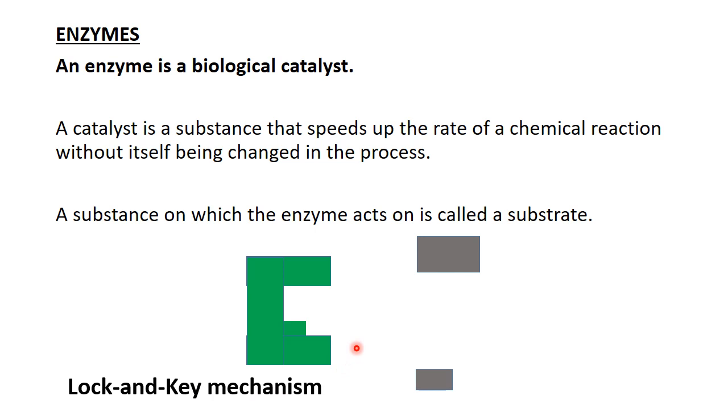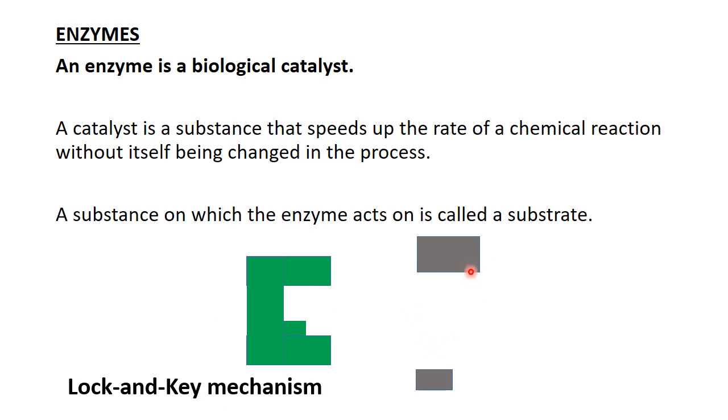During an exam, if they ask you to explain how enzymes work using the lock and key mechanism, you have to explain just like the way I've explained it, of course, using few words. In the lock and key mechanism, the enzyme acts as a lock and the substrate acts as a key.